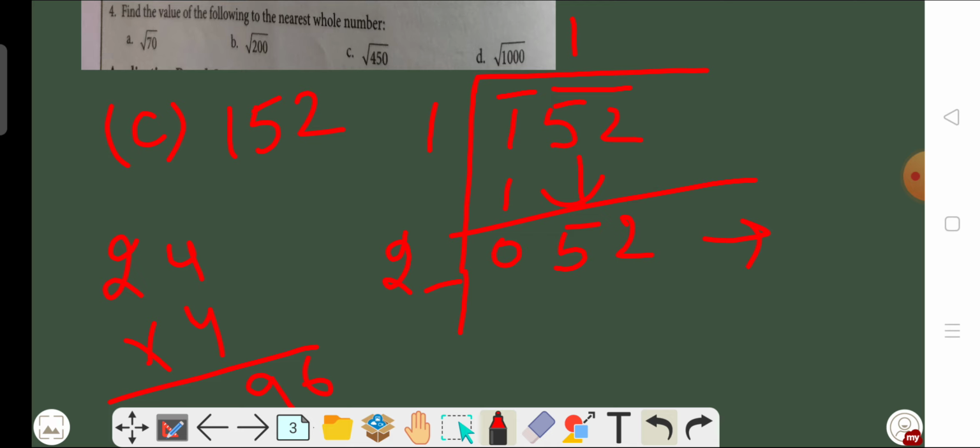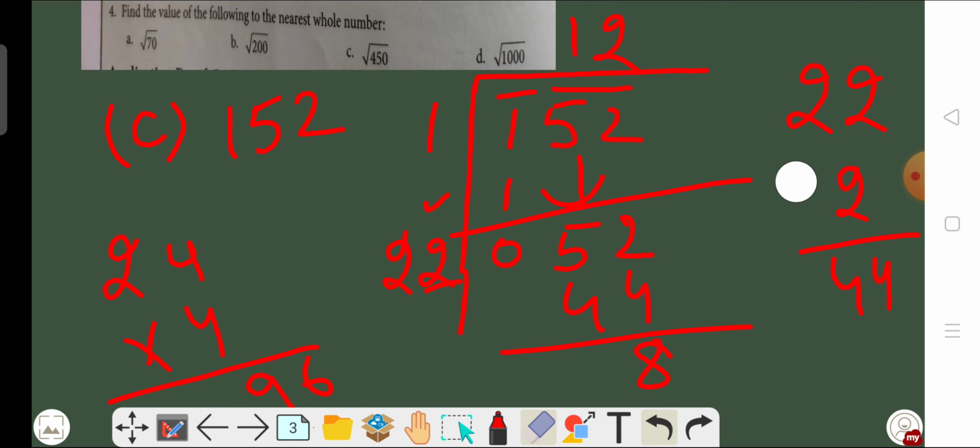This is much greater than 52, so we have to put 2 here. When we multiply 22 by 2, we get 44. This is near about 52. So we take 2 here. So if we take unit place 2, then the quotient must be 2. So 22 twos are 44. After that we are left with 8.